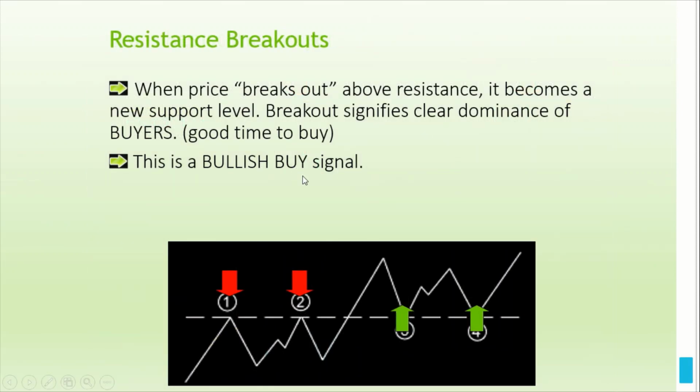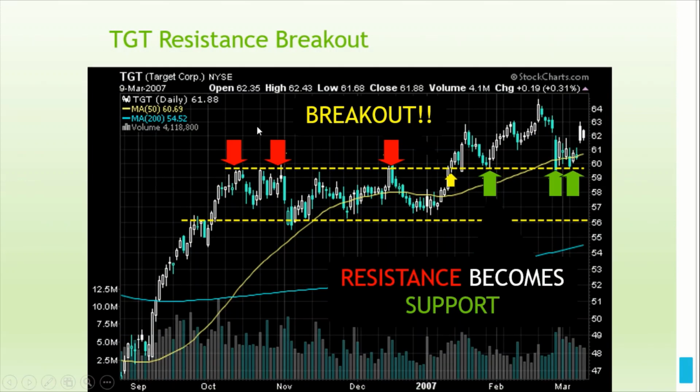It's a buy signal, or a bullish buy signal. Right? So, resistance breakout, sabi niya, the resistance becomes the new support kasi nag-continuous na yung pag-increase ng prices natin at this point.